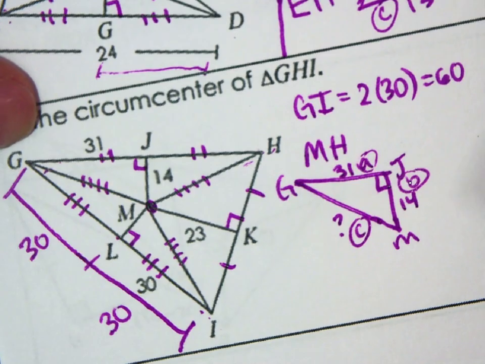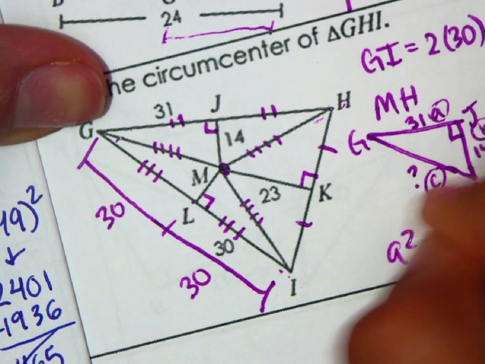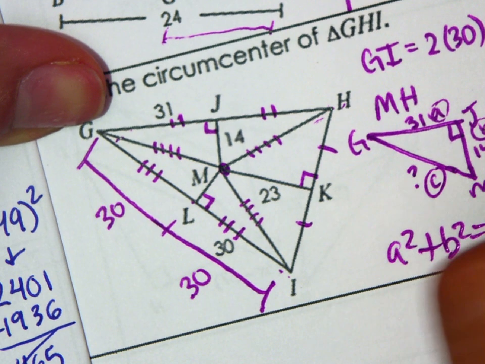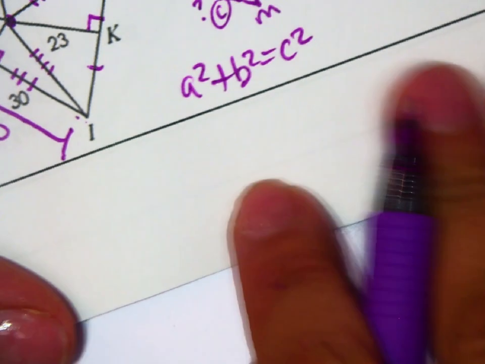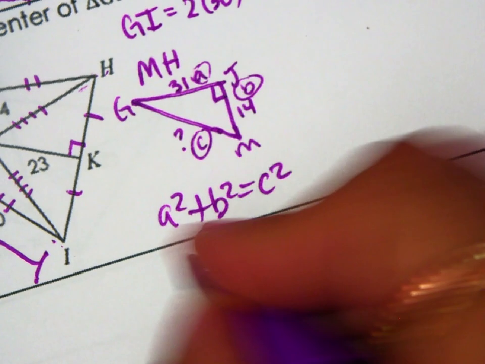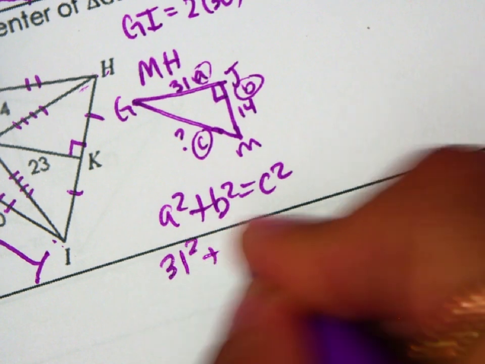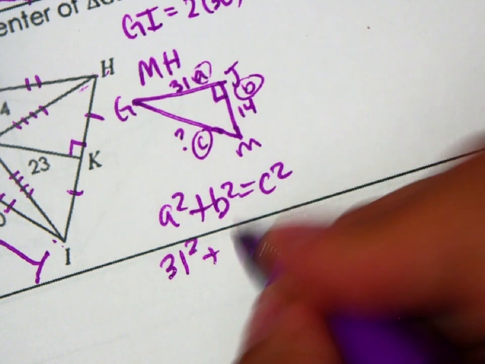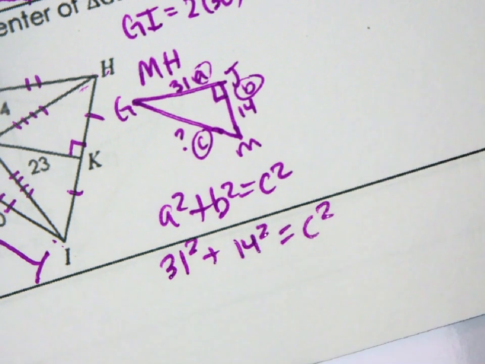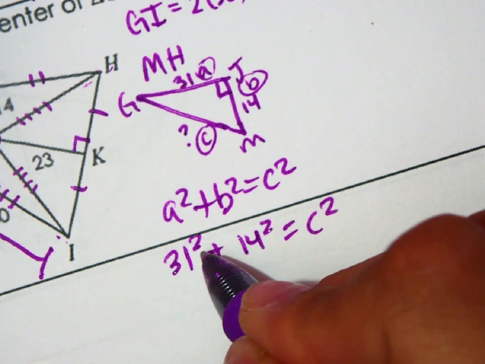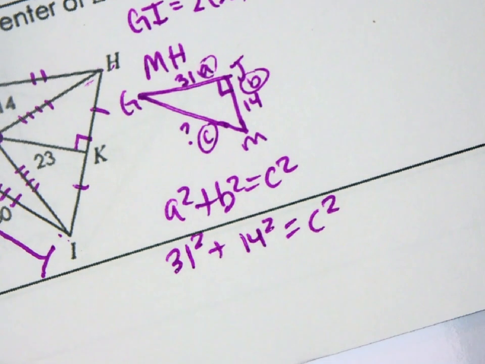I'm going to do it right here on the bottom. A squared plus B squared equals C squared. If we substitute the values, A is 31 squared, B is 14 squared, and C is what we don't have. So let's do 31 squared and 14 squared.